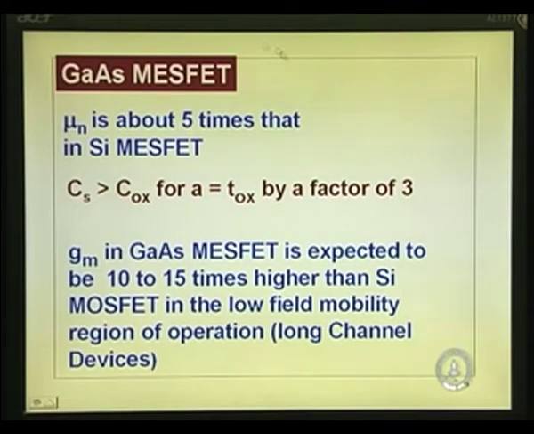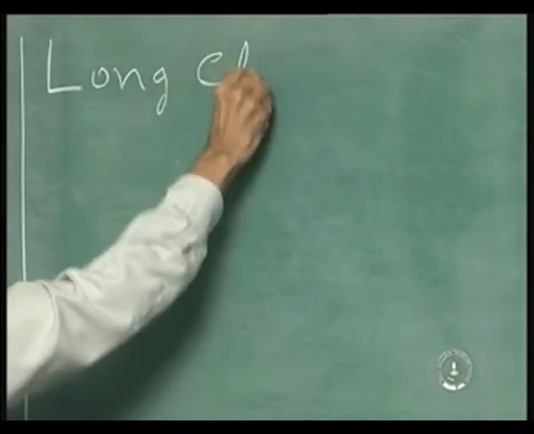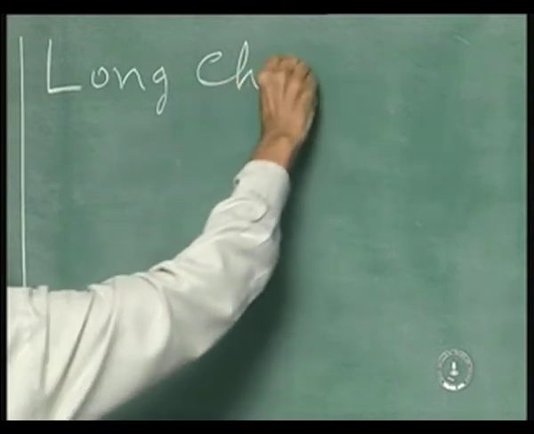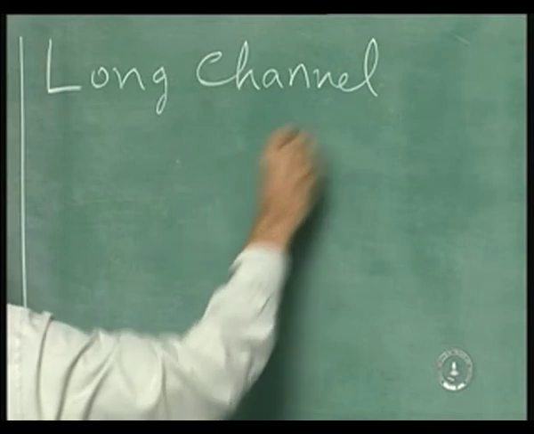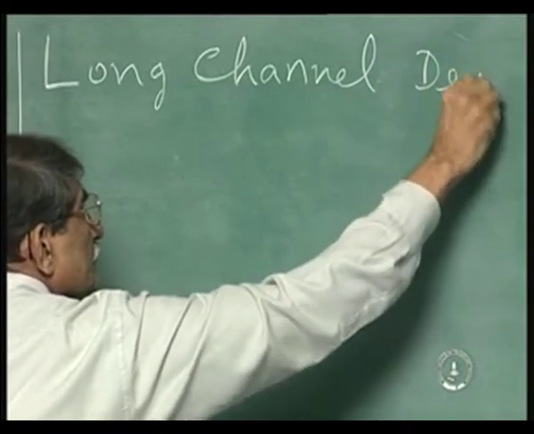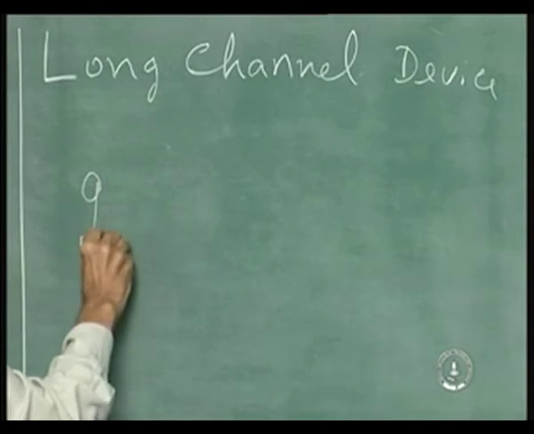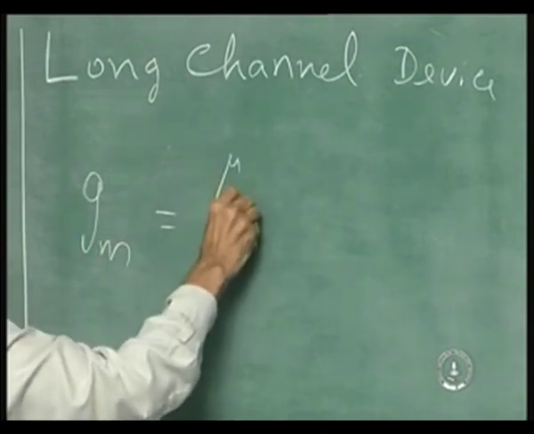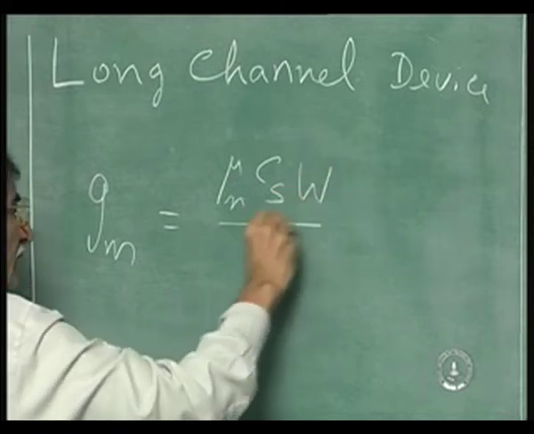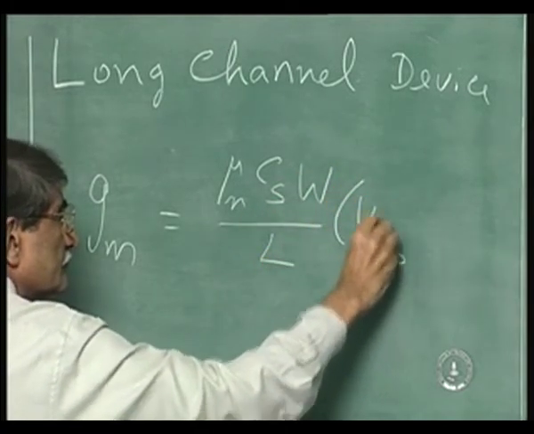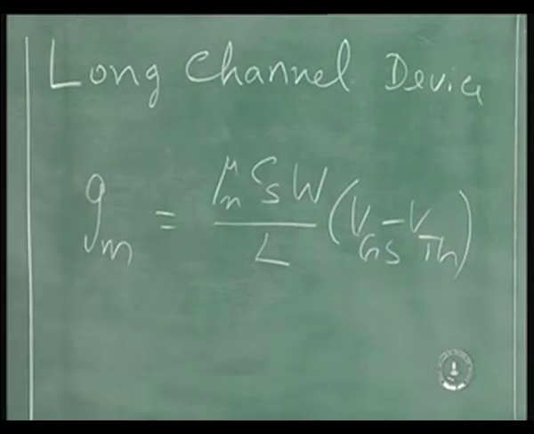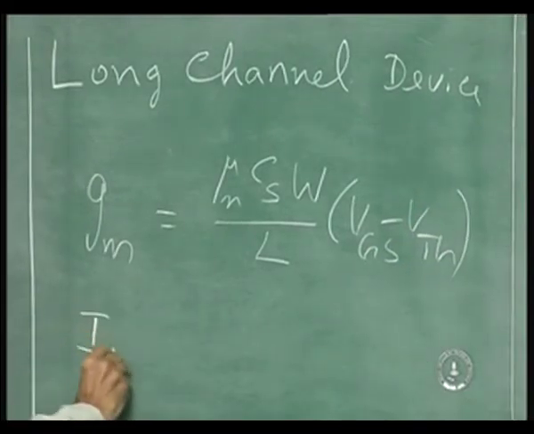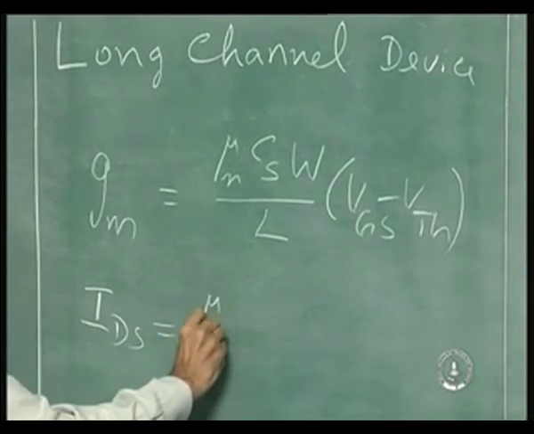When the channel length is long, the whole thing is proportional to, let me just write that down here, for a long channel device, GM equals mu n CS W divided by L, with threshold, because IDS is proportional to mu n.